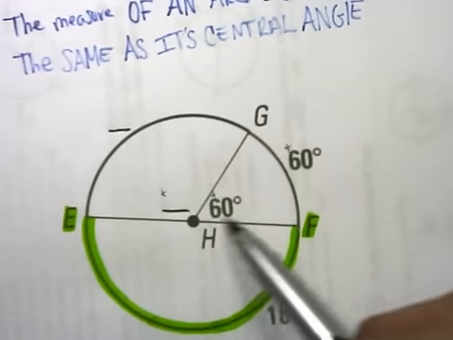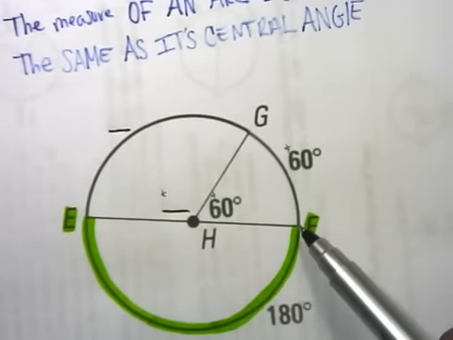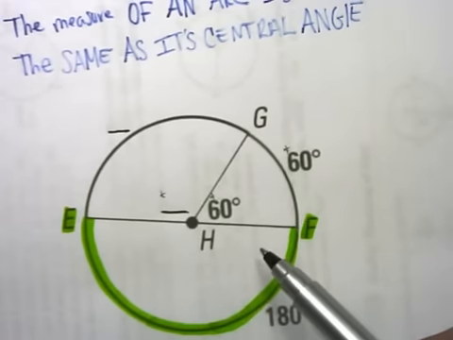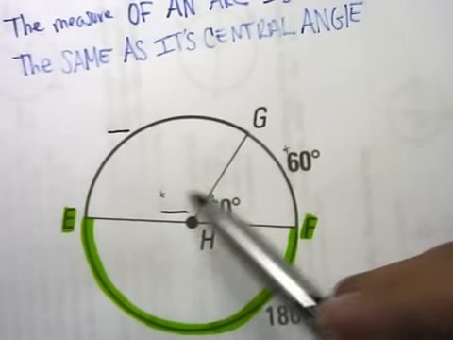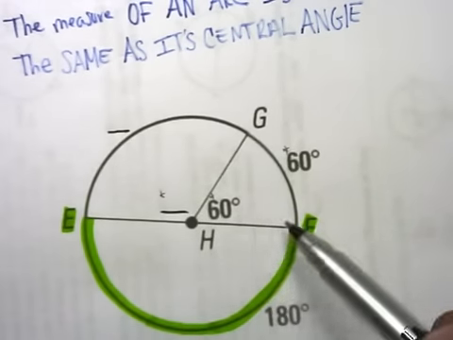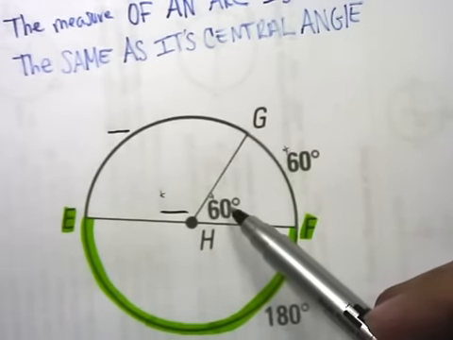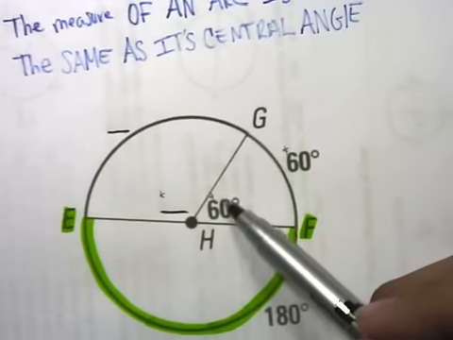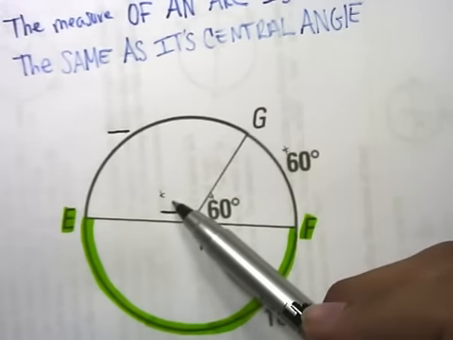Now take a look inside here. Do you notice anything about these two angles? Do you notice that this diameter is a straight line? What do you notice about these two angles? Well, they're a linear pair, that's a very good observation, meaning that these two angles together create a straight line. So how many degrees are in a linear pair?